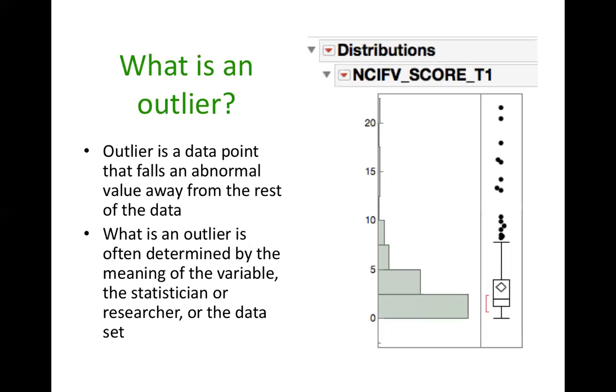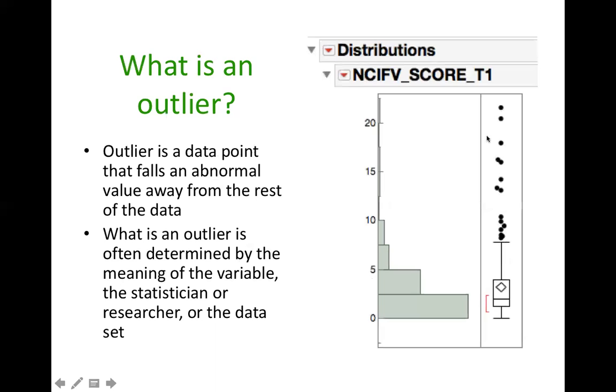In this particular example, we are looking at the NCI Fruit and Vegetable Score, which remember is daily cups of fruits and vegetables at time point 1, so in the fall. What we can see is that most of our data is grouped between 0 and 10 cups, which seems really reasonable, right? And we also know that most of the data is grouped there because of this box plot. And then the other points on the bar chart in the histogram tell us that those are potential outliers.